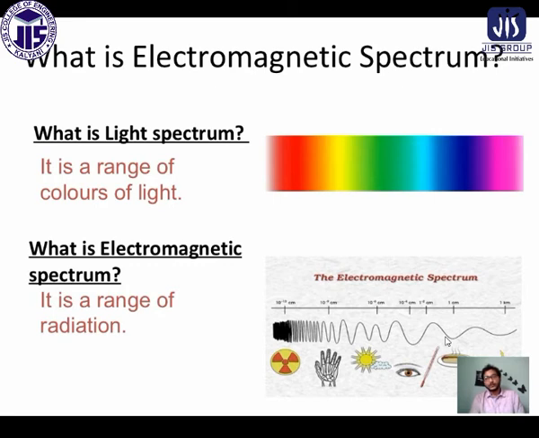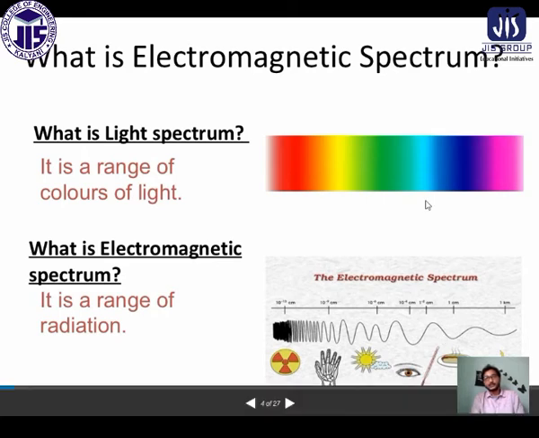We cannot visualize a very high frequency or very low wavelength. Similarly, we cannot visualize the very long wavelengths of light. So there is a particular range which we can visualize, and we have to know which one is important for us.